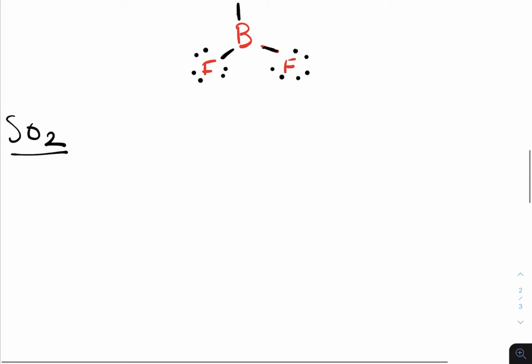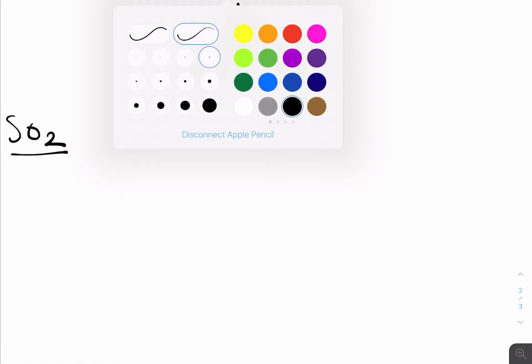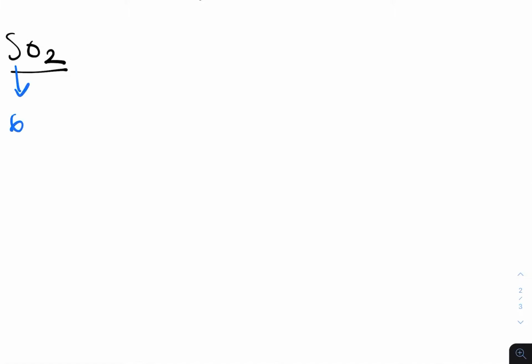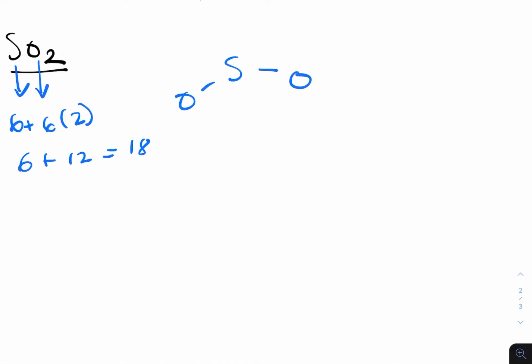Sulfur dioxide. Let's do this one real quick. We know that sulfur is in group 6. Oxygen is also in group 6. There are 2 of them, so it's 6 times 2, which is 12. So 6 plus 12 is 18. I really love drawing it out just to get a feel for how it's going to look.